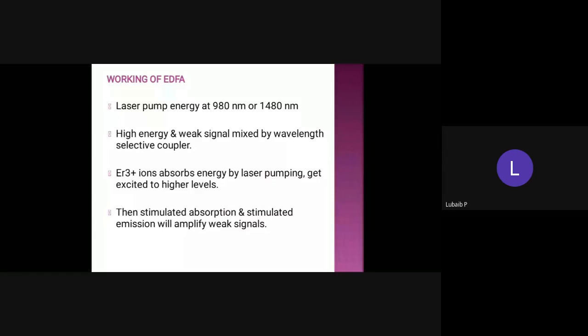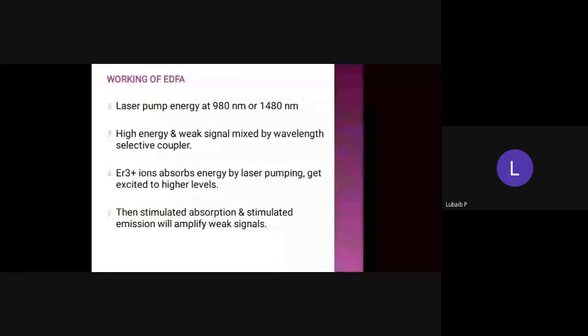The active medium is doped with Er3+ ions. These Er3+ ions absorb the energy from laser pumping and get excited to a higher level.